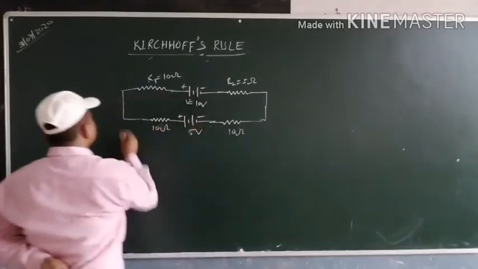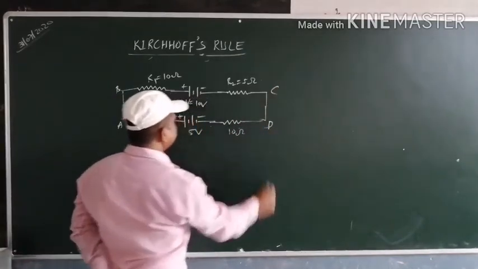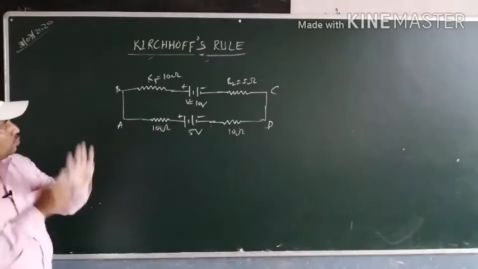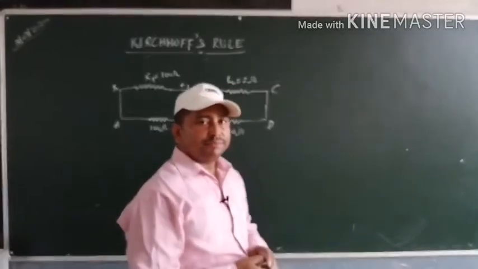Okay, suppose that these terminals are known as A, B, C and D. Then what will be the net electric current flowing through this circuit?